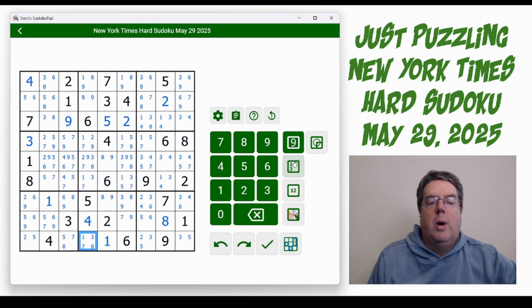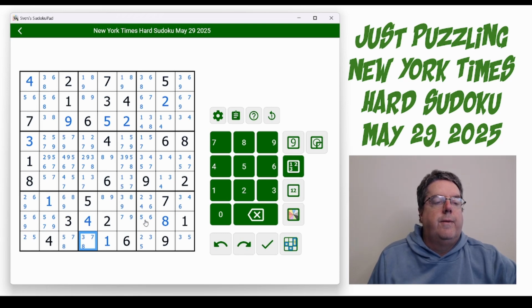So it cannot be a 1. 3, 7, 8 makes sense. 8, 9, 5, 6 makes sense. So 9 makes sense, and then 7, 6.